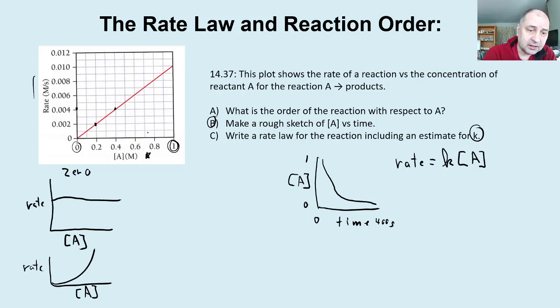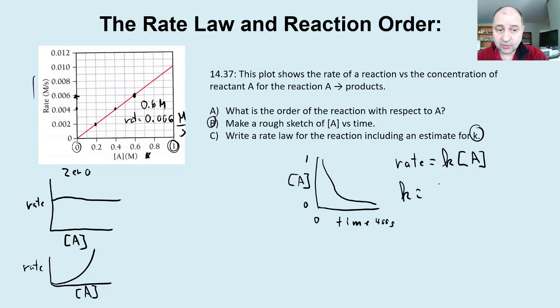So let's take this point here, which has a molarity of 0.6 M and a rate of 0.006 mole per second, and then all you have to do is solve for K. So K is going to be equal to the rate, which is 0.006 mole per second, divided by the concentration, which is 0.6 M. So note that M cancels, and the constant units are going to be per second.